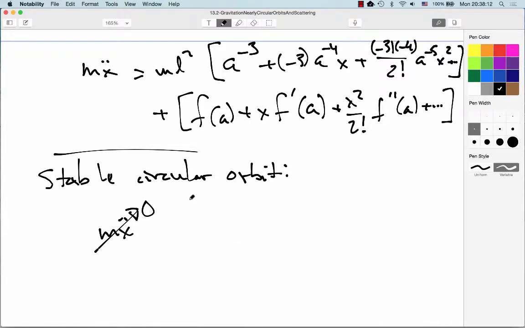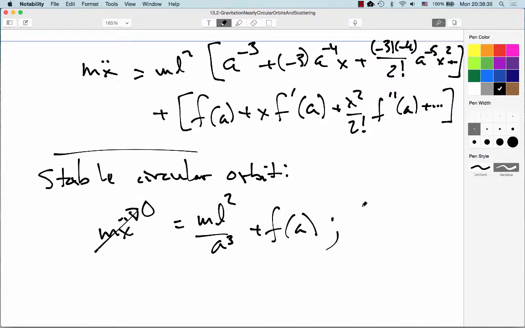Okay, so then putting into here, we're going to get that this equals m l squared over a cubed, and then all higher order terms drop because x is 0, plus F at a, and then all higher order terms drop because x is 0.